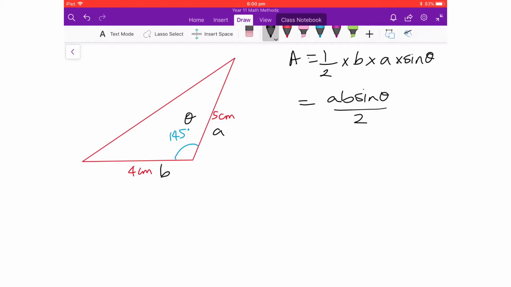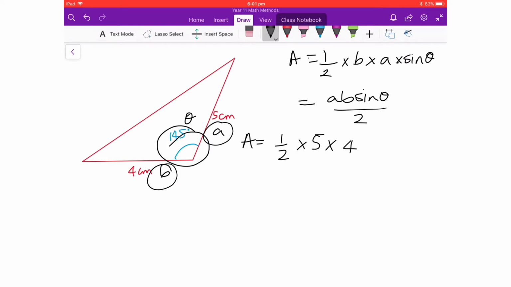So I've got 145 here. I'm going to write in A is equal to half times 5, which is our side A, times by 4, which is our side B, times by sine 145 degrees there. So all we got to do now is simplify it.